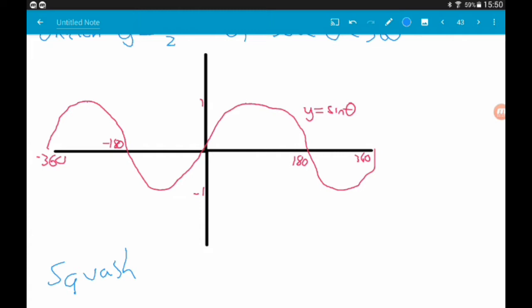It's a half. So it's going to make our function half the size vertically. So it's a squash along y with a scale factor of 1/2. So nothing here changes with our x values, only our y values.